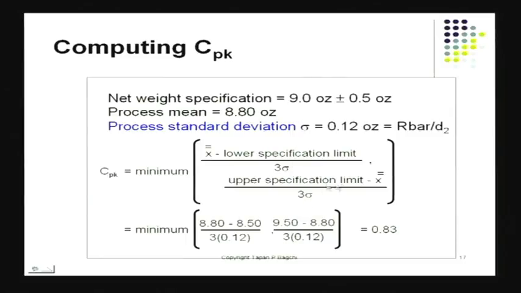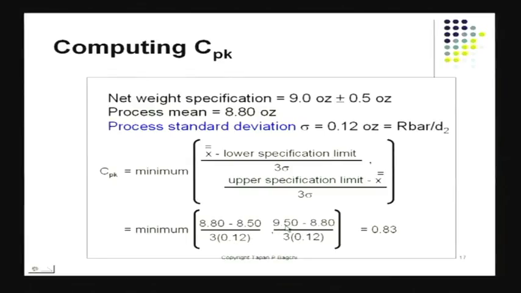And that's exactly what I find here. Now what is X double bar? This quantity is X double bar. 8.80 is X double bar. So I come out here and plug in the right numbers. I plug in X double bar minus lower specification limit, which is 8.50. Divide that by 3 times sigma. That's like one quantity.